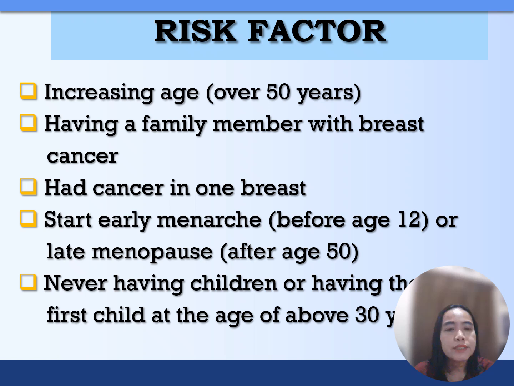Then the next one is early menarche before age 12 or late menopause after age 50. This means if a woman starts menstruation before age 12 or experiences menopause after age 50, which we call late menopause, it can increase the risk of breast cancer.